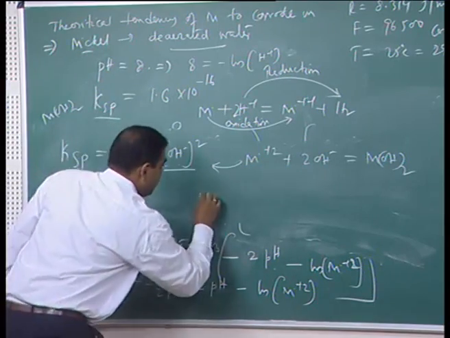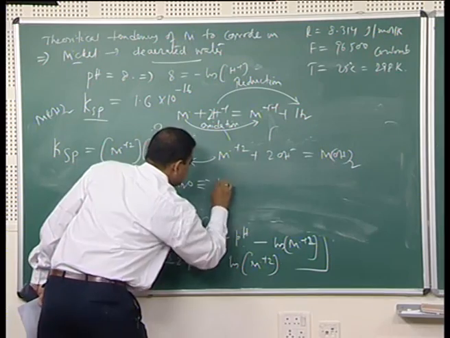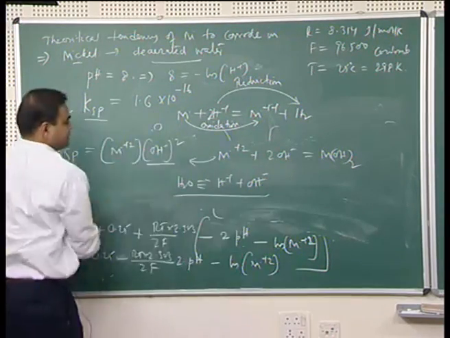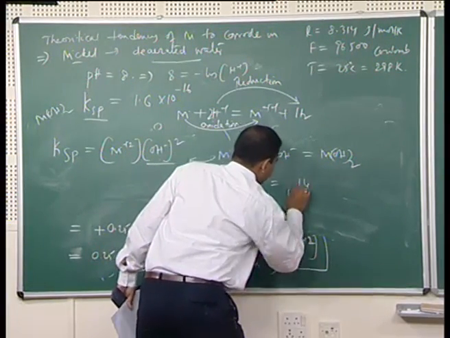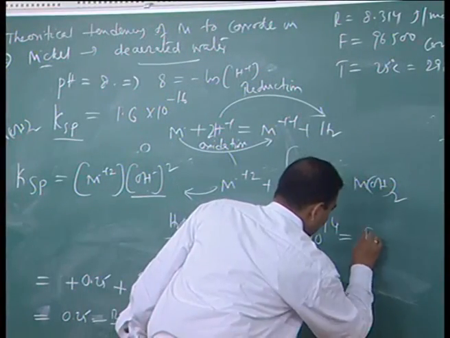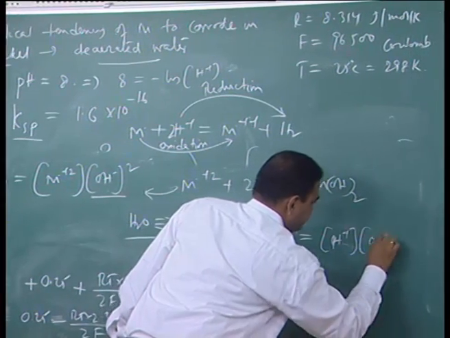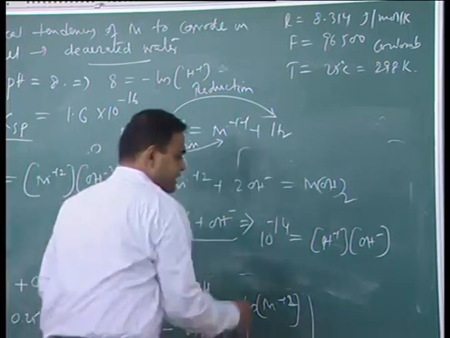Now for water, H2O gives H plus plus OH minus, so 10 to the power minus 14 is equal to H plus times OH minus.